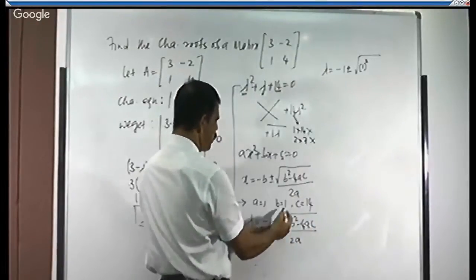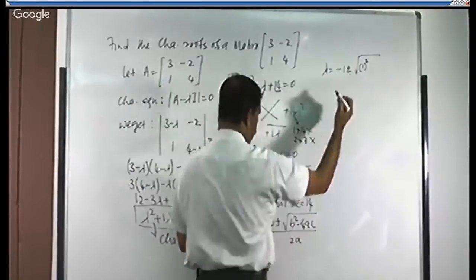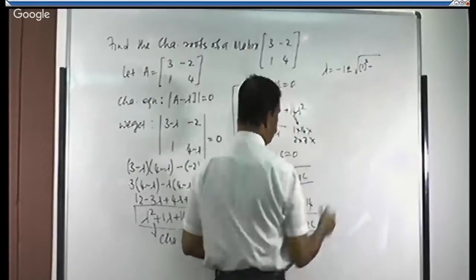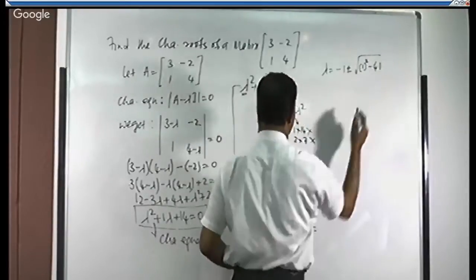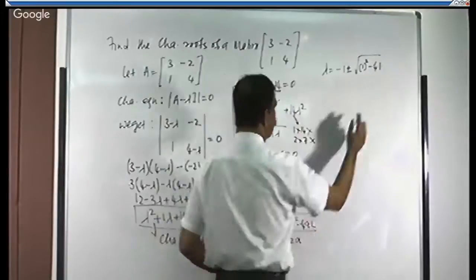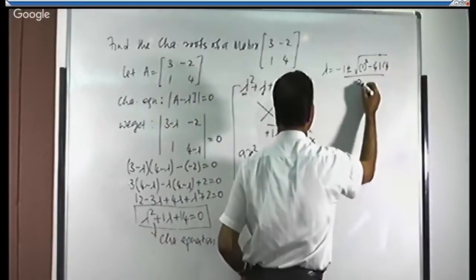Okay, what is B? 1. Again, 1 square minus 4 into A. A is what? Again 1. What is C? C is equal to 14, divided by 2 into 1.